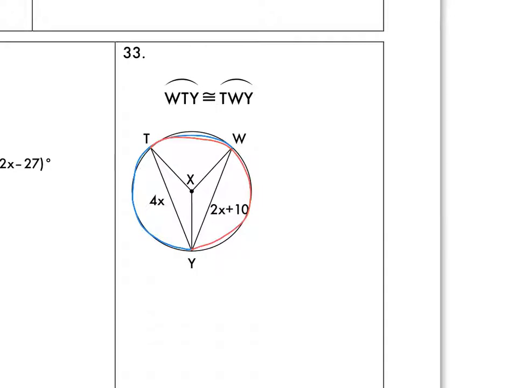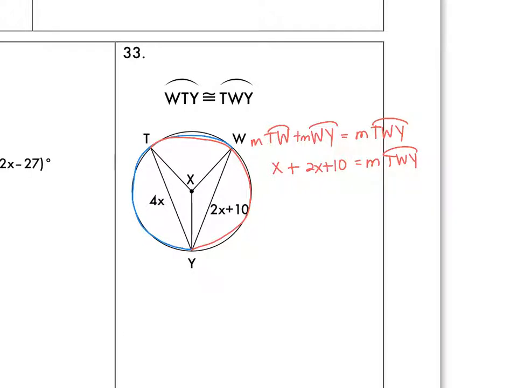So TWY consists of arc TW and arc WY. So if we look at their measures, that will equal the measure of arc TWY. So we know the measure of arc TW is x, and the measure of arc WY is 2x plus 10, and that's going to be the measure of arc TWY.